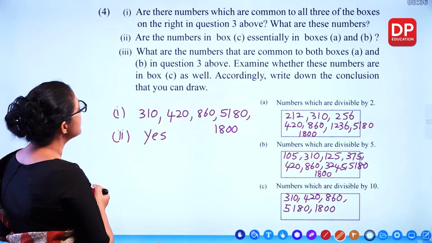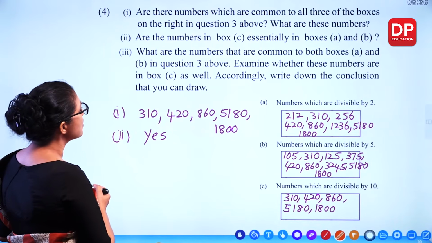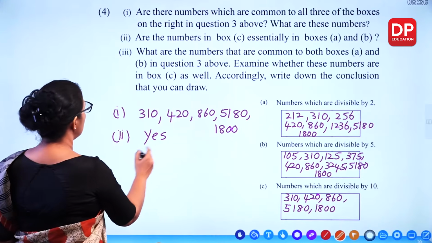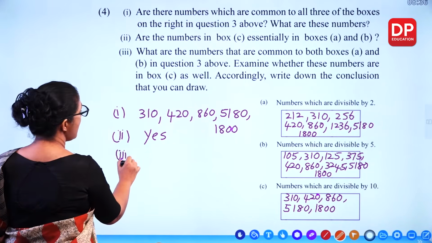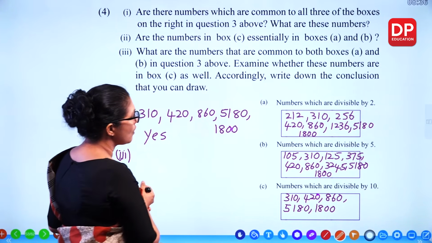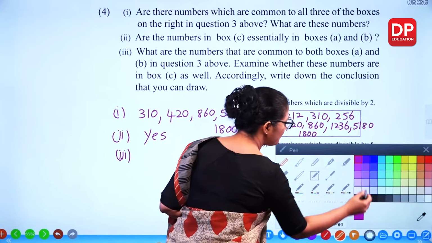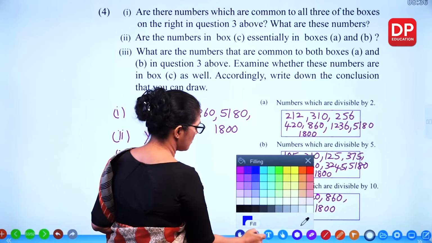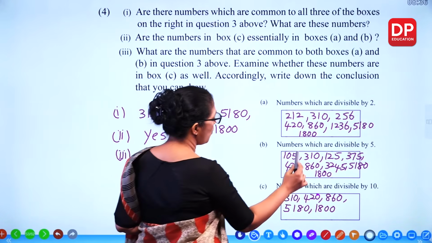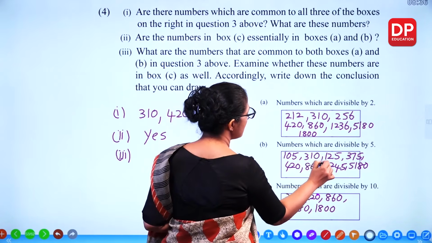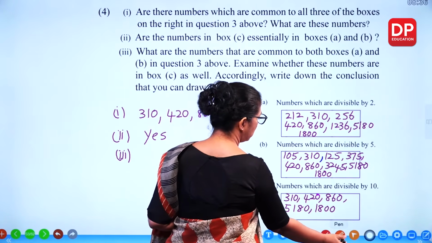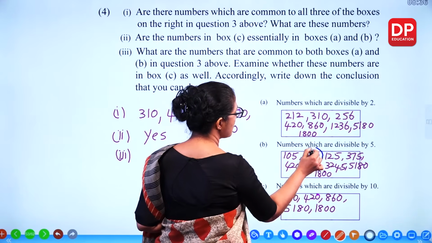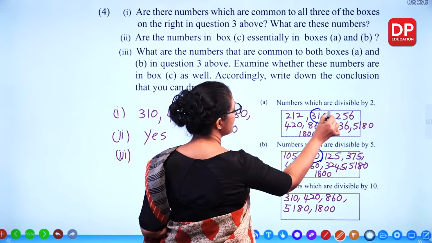What are the numbers that are common to both boxes A and B in question 3 above? A and B, what are the numbers common? 310.